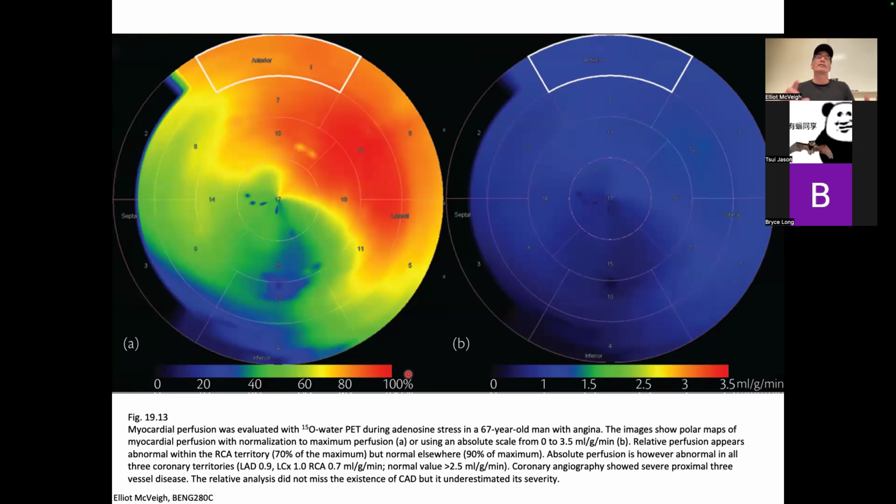So all we're going to look at is, what is the upslope and the peak of the contrast? And those will go into a model to determine the relative amount of flow. And this is all relative here. So here's 100%. This is the part of the heart that is getting the maximum amount of flow. It's getting the highest signal that we're seeing.